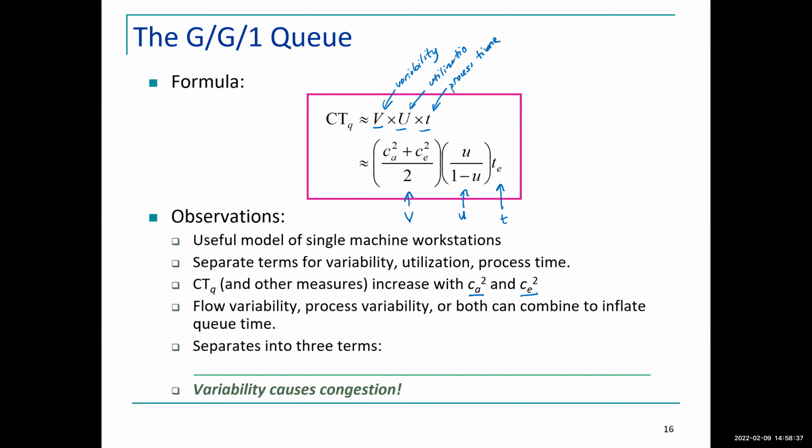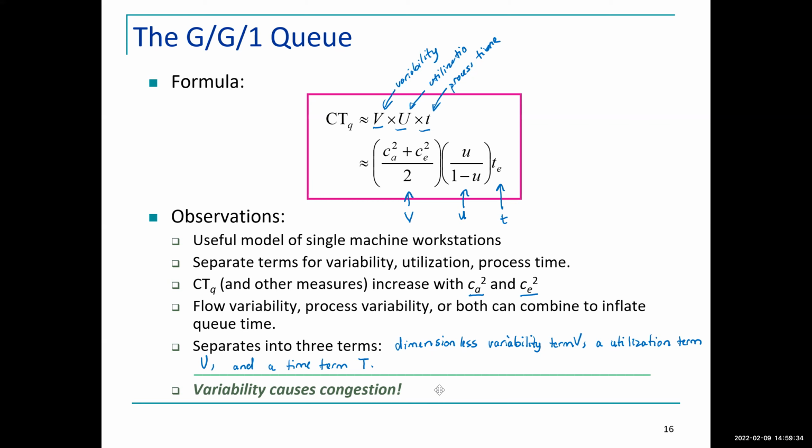This expression separates into three terms: a dimensionless variability term V, a utilization term U, and a time term T. And as you can see, the expression clearly shows that variability causes congestion.